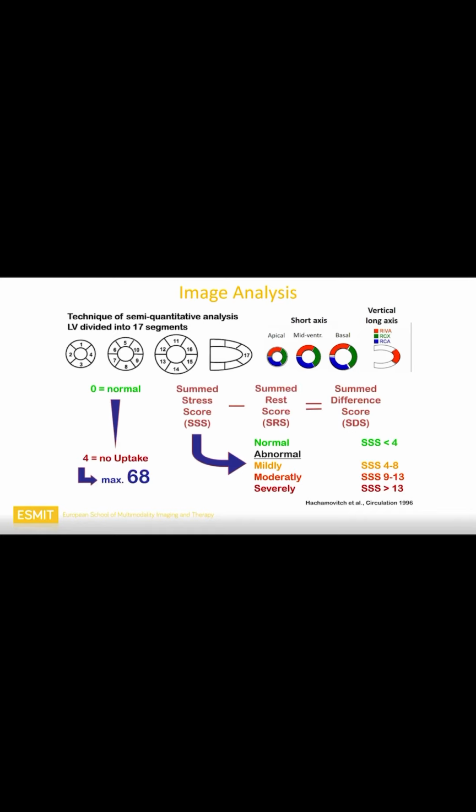And then we can define some patients who are very severe, maybe with a big infarction or big ischemia, or sometimes a normal patient with 0. So then, again, in your report, you can give this kind of information with the stress score, the rest score, or the different score.